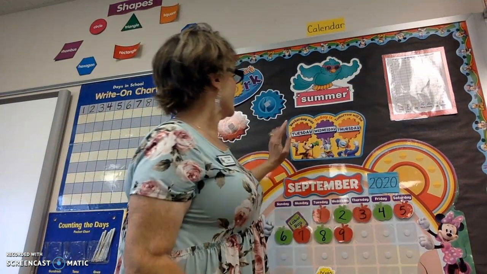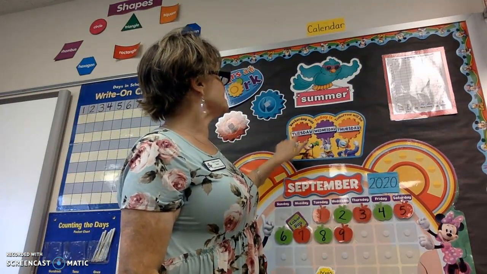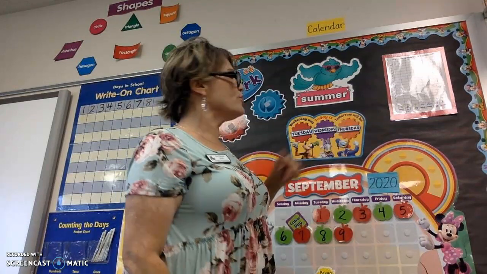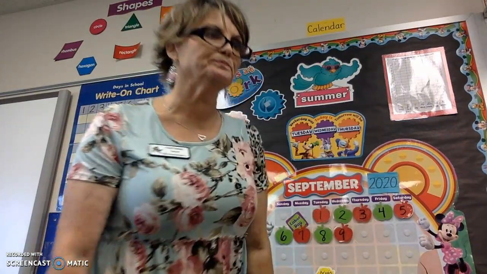So we have yesterday was Tuesday, today is Wednesday, and tomorrow will be Thursday. And our season, we are still in summer. Soon it will be the season that comes after summer, and that is fall. Okay, so we will be talking about this week a little bit about apples because apples come up in the fall. So we did that yesterday too, didn't we?